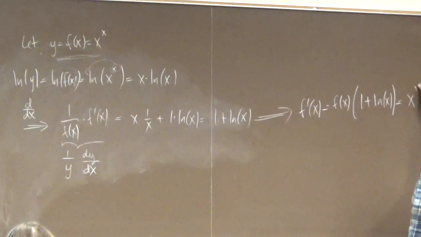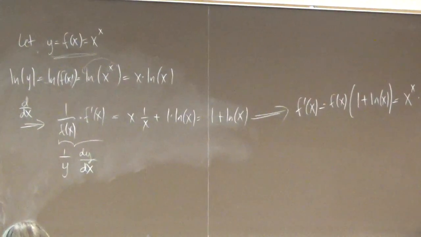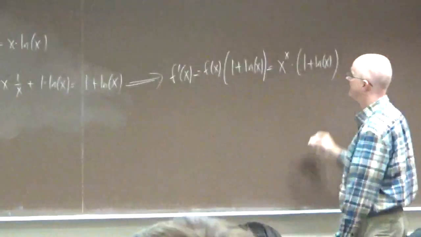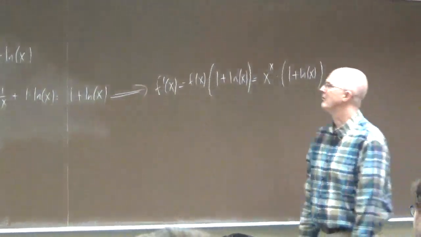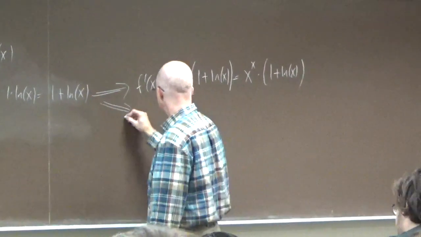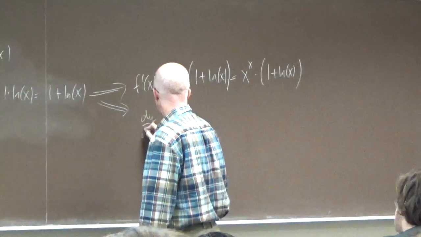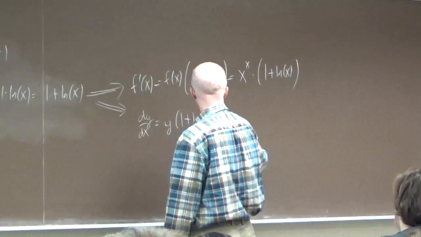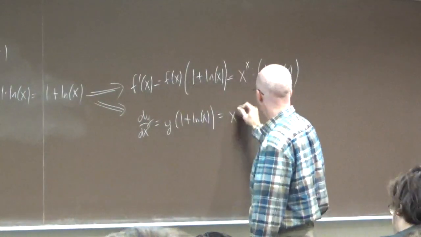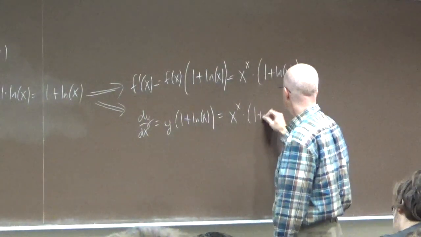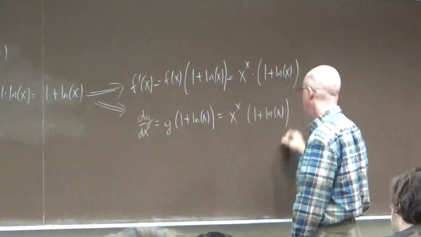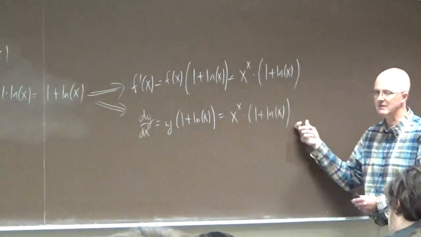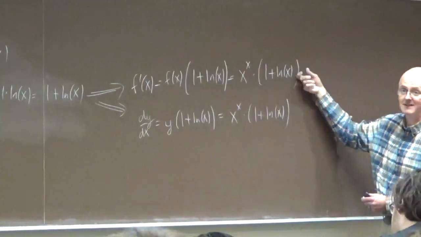It equals x to the x power. More commonly, you'll see it written like this. dy dx is y, 1 plus natural log of x. But what does y equal? It equals x to the x. Either way is okay. It's more common to use that notation. This is probably less confusing.